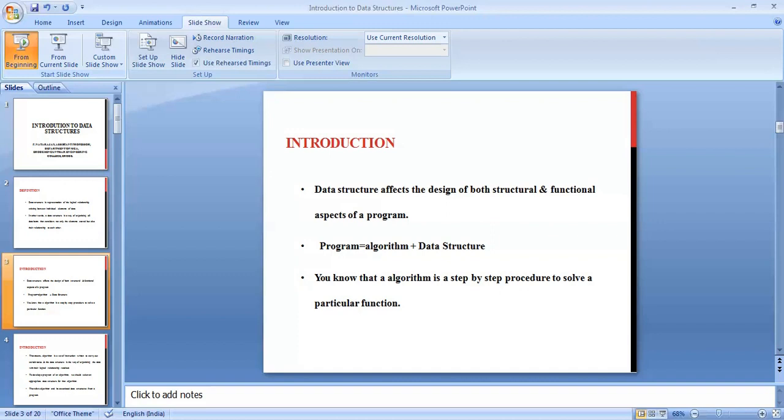Then under the non-linear list, two types of data structures are there. One is a graph, another one is a tree. So totally under the non-primitive data types, around 6 types of data structures are there. In primitive, around 3 to 4 data structures are there.